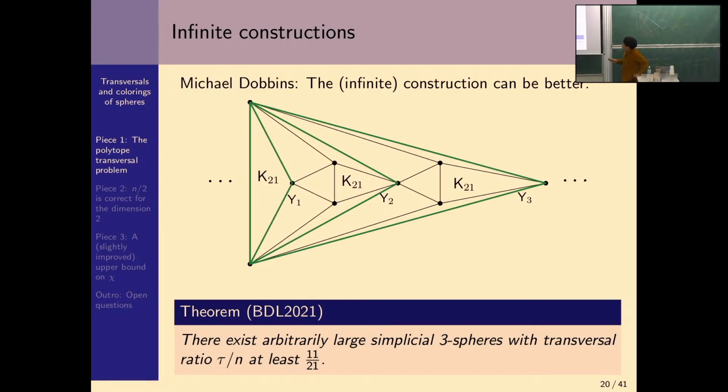By attaching K21 to each of the antipodal facets, as you can see, this facet is antipodal to this one, right? And after that, we attach another cross polytope where one of the pair of the antipodal facets goes with this one, and another antipodal facet goes with this one, and we plug in the K21 here, and so on and so on. So this is how the construction has been made.